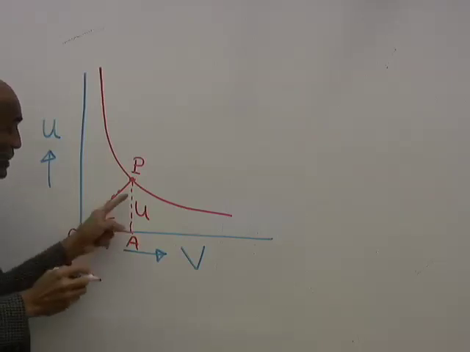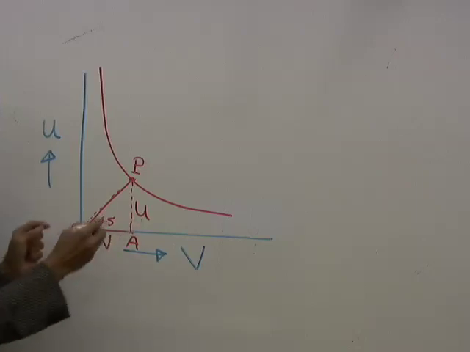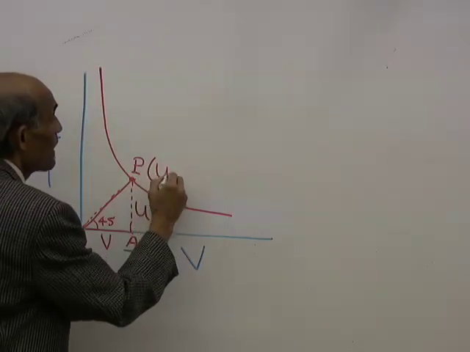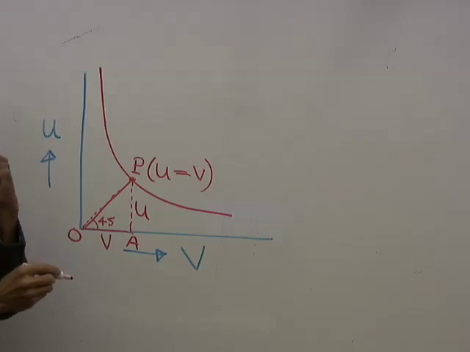And that means because this is isosceles, the value of V and U will be the same. So point P is such that at point P, U will be equal to V.